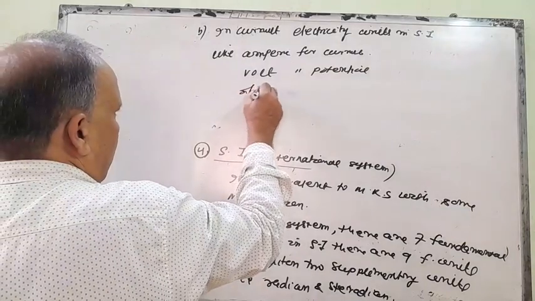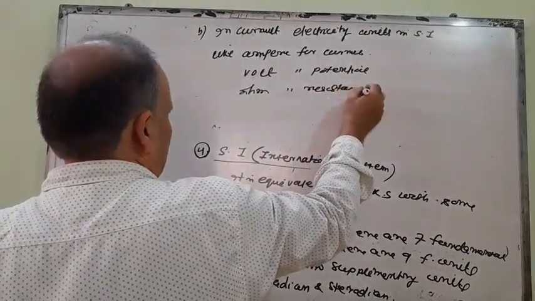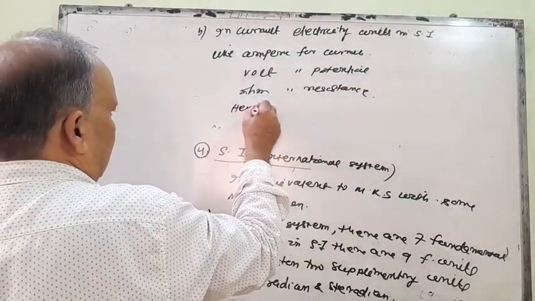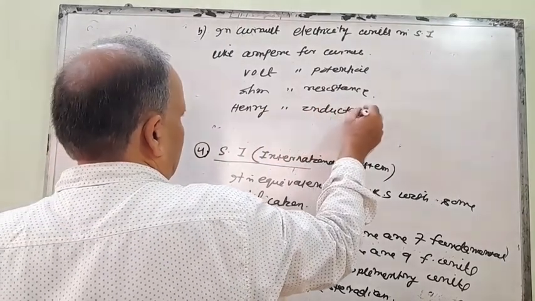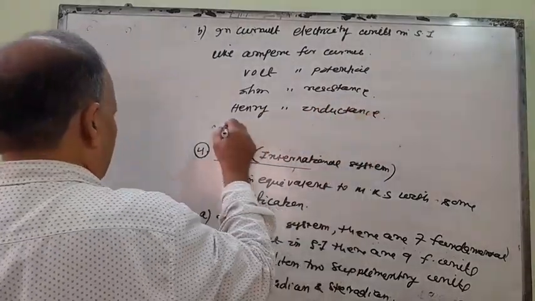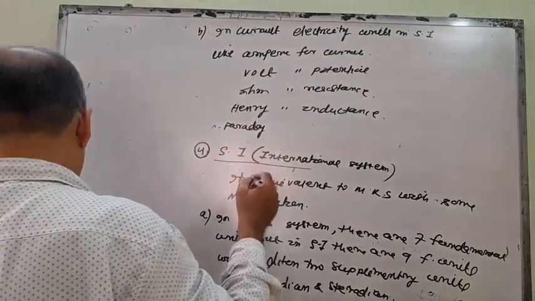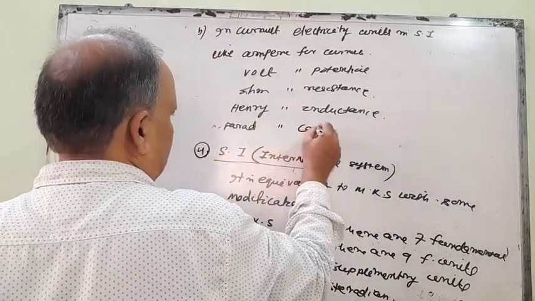Ohm for resistance, Henry for inductance, Farad for capacity.